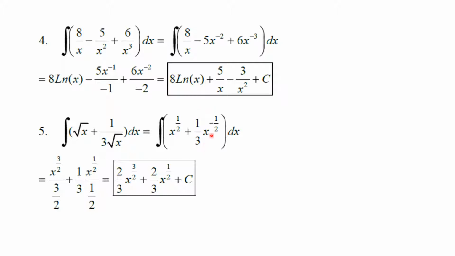Same goes for here. X power negative half plus 1 will give you x power half. And the 1 over 3 is a constant. We leave the constant in front here. Add the index with a 1, which will result in half, and bring the half to the bottom. Divide by n plus 1. So when 1 over 3 and 1 over 2 is combined, the resultant will be 2 over 3 x power half. And of course, don't forget to add the c again.